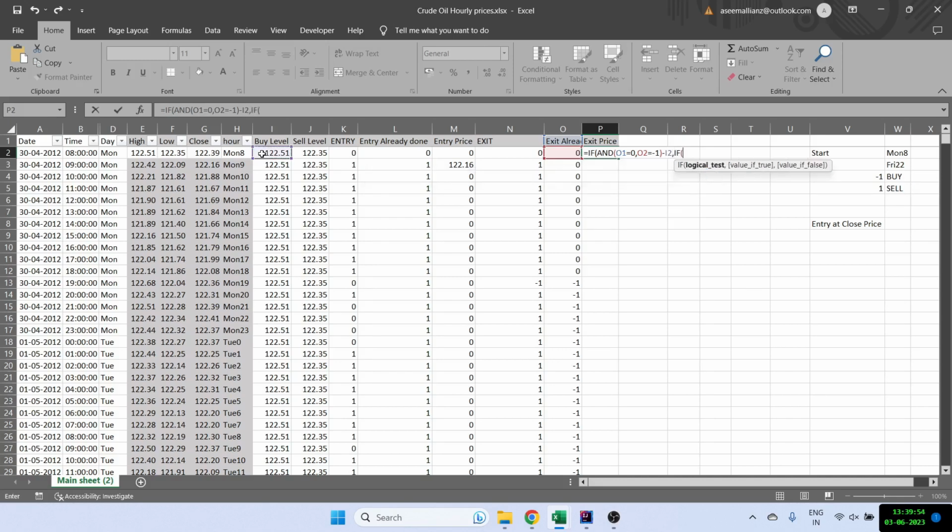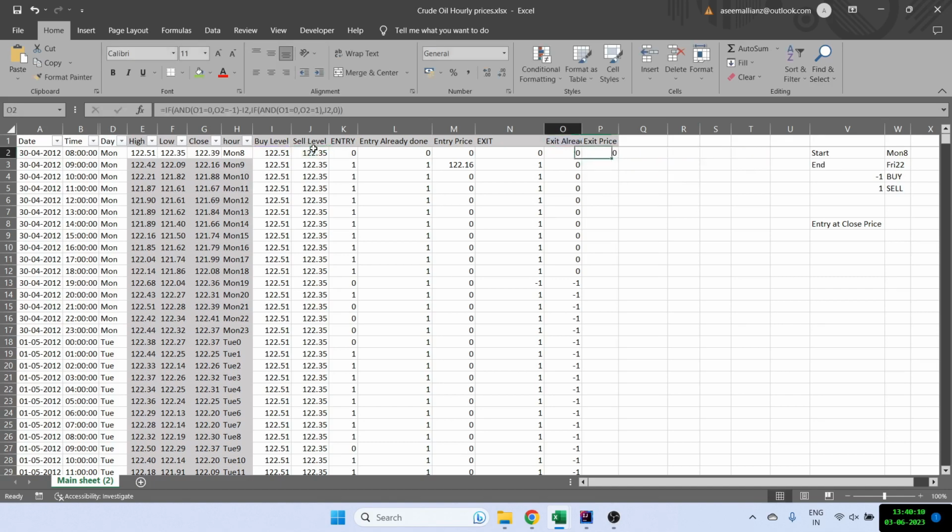If this is the other condition, and my previous is equal to 0 and my current is equal to +1, in this case I will be going for the J2, which is the sell level, 0.